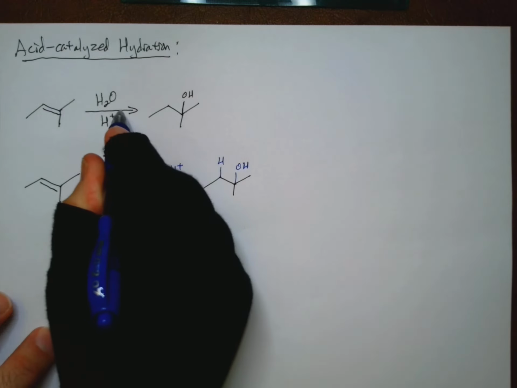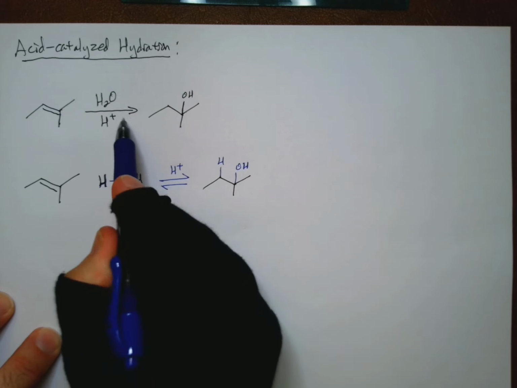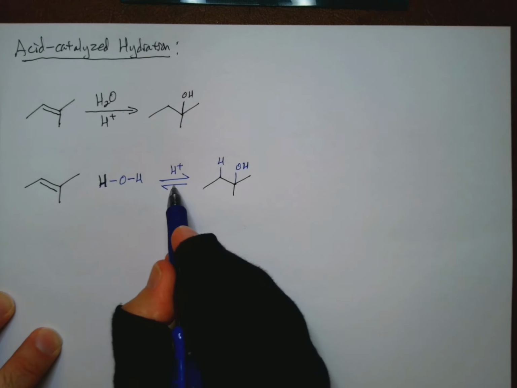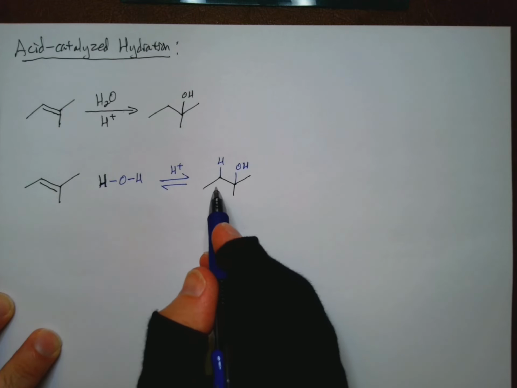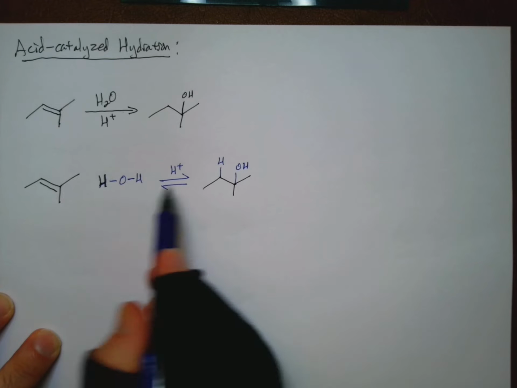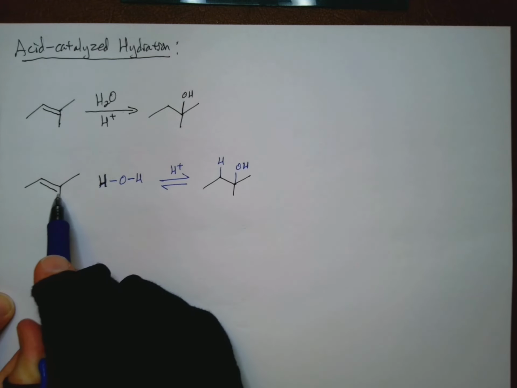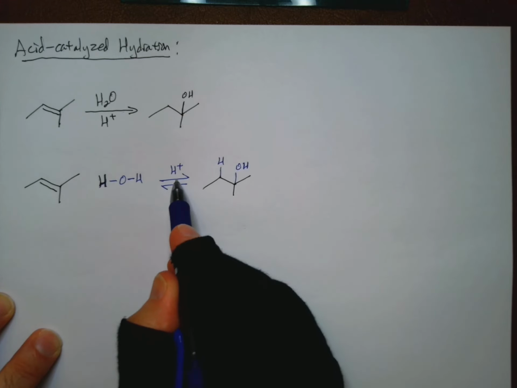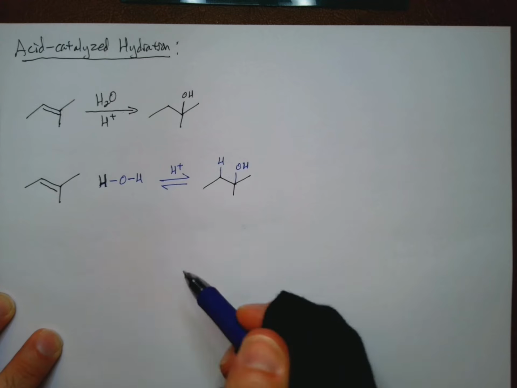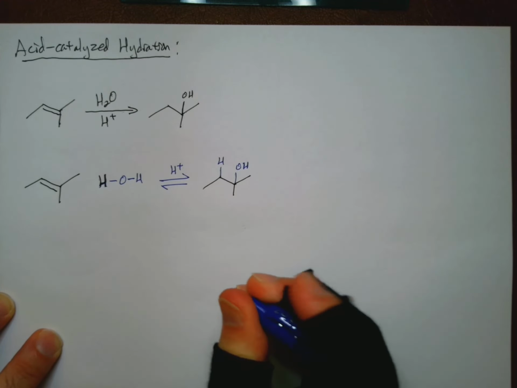Now, I forgot to mention that this arrow here should be an equilibrium arrow. This is actually an equilibrium reaction, and there's some problems with it. At high temperature, that's going to actually favor the reverse reaction, which is a dehydration reaction. So this is not necessarily of great use synthetically, because it can be difficult to control.